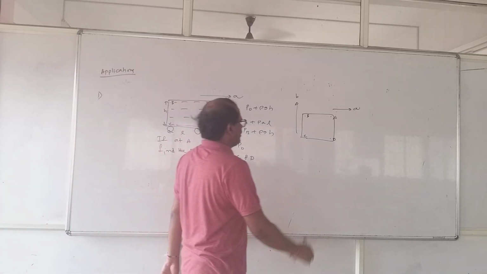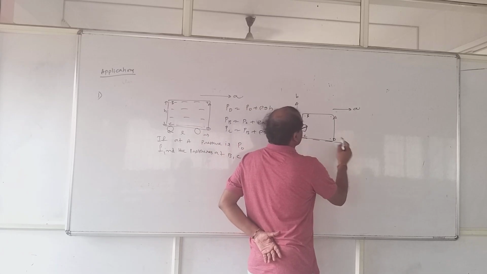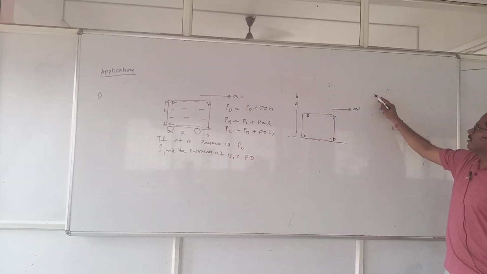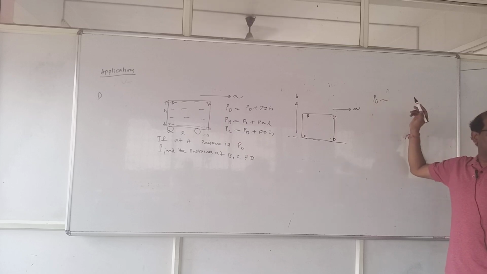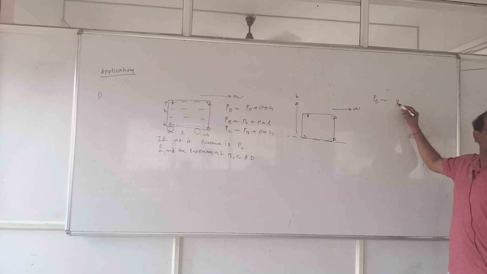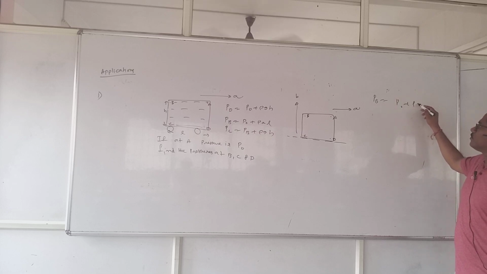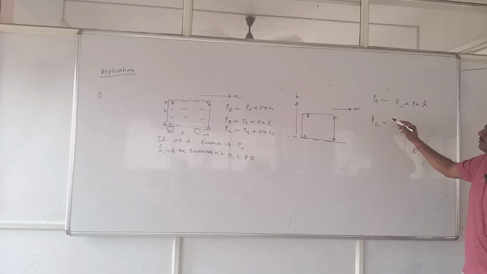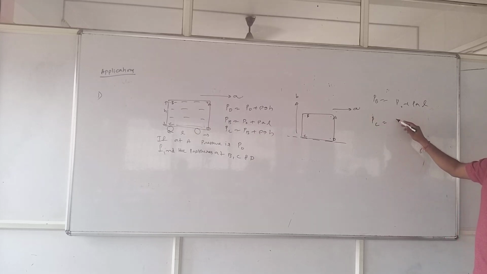Okay. Now see here. Obviously, by this time, you will tell PB is equal to P naught plus rho a L. P at C, rho a L plus rho g h. Good boy.